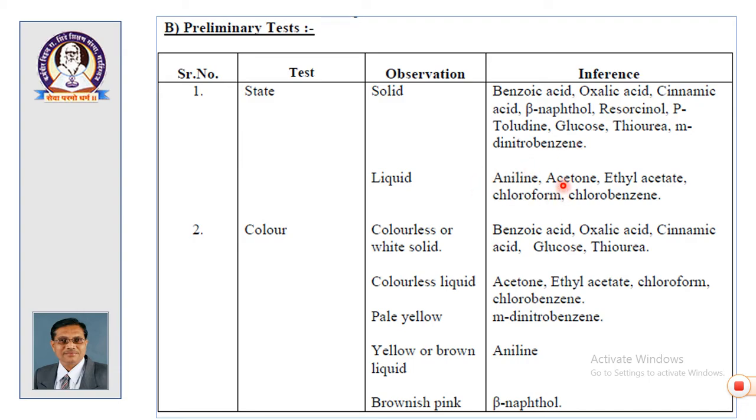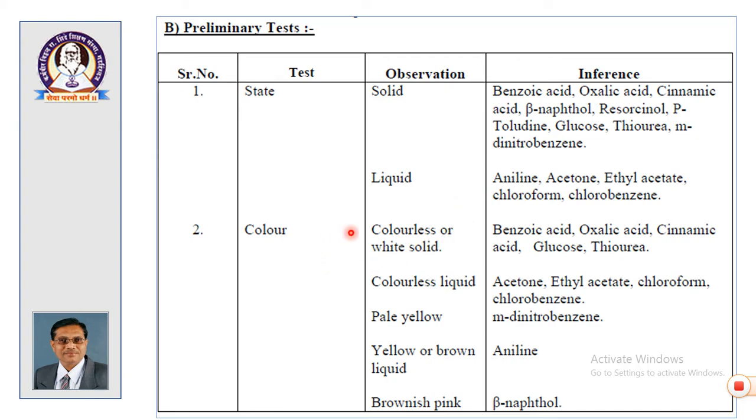In case of liquids, you have aniline, which is basic, acetone, ethyl acetate, chloroform, chlorobenzene, these are neutral in nature. So, this observation will be useful to differentiate between these two, either solid or liquid.